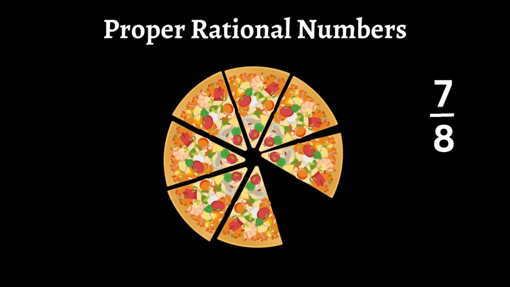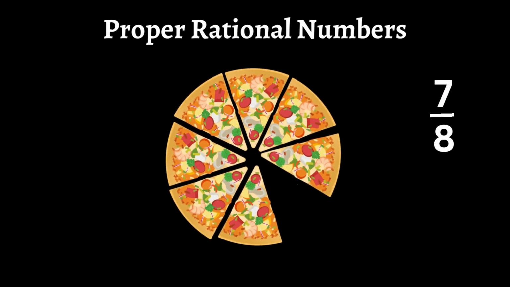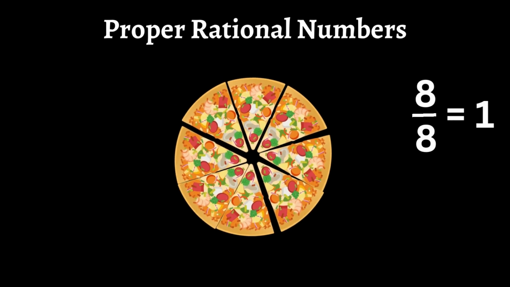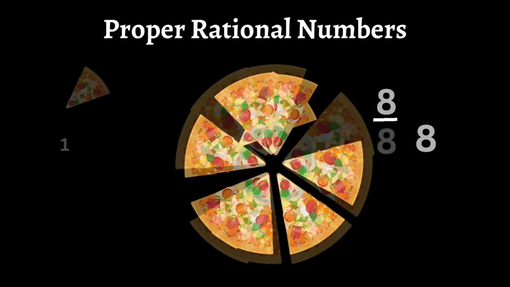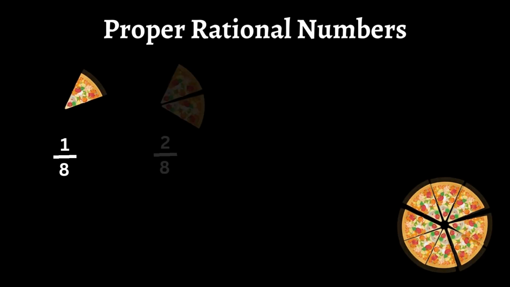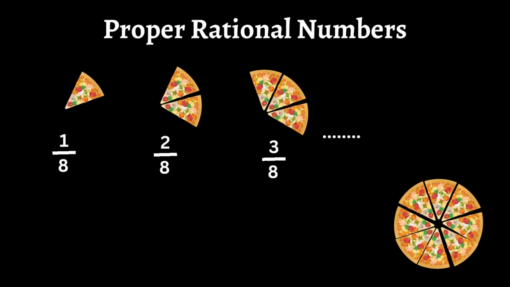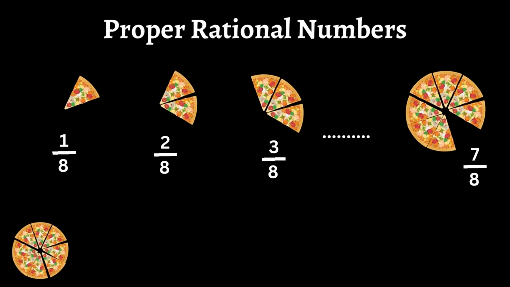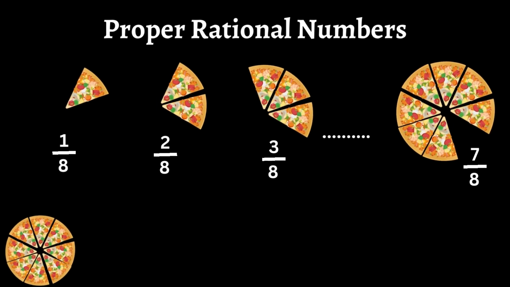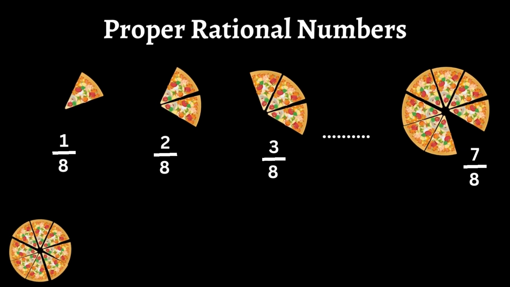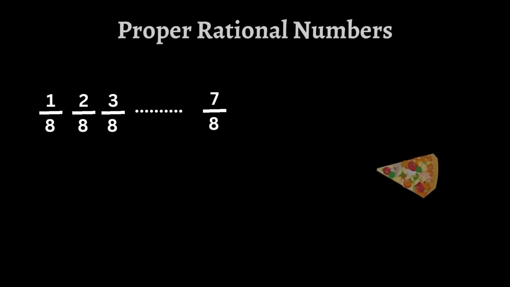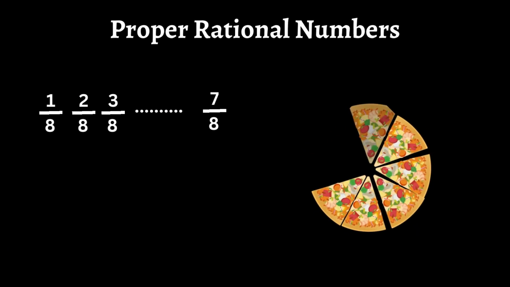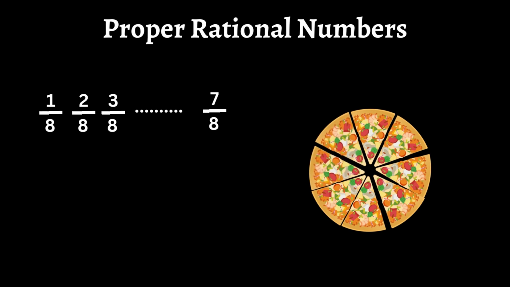Even if you take 7 pieces, you won't be getting more than one whole pizza, as you need 8 pieces to make one whole pizza. Now here, if you take 1/8, 2/8, 3/8 and up to 7/8, you won't be getting a whole pizza, which means all these numbers are less than one whole. Hence they are known as proper rational numbers or proper fractions.